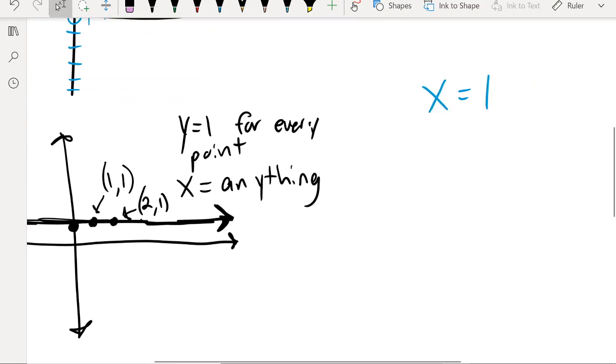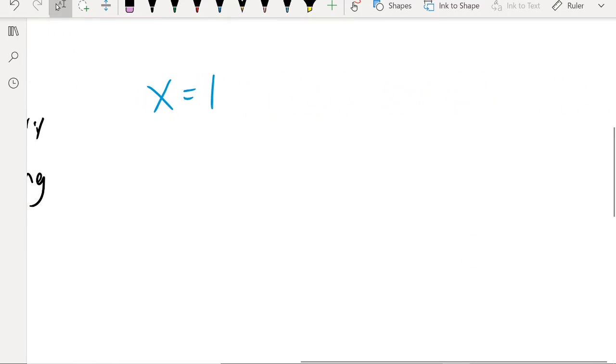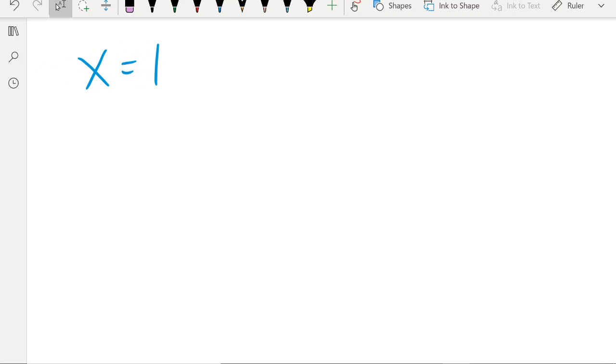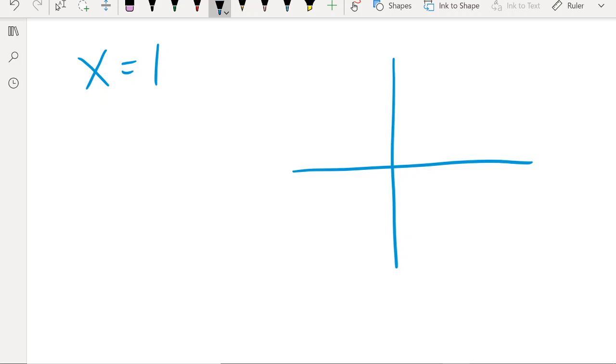But if we had just started with x equals 1, and I said graph this, you might not know what to do, right? You might feel like the little face that's created when you turn your head sideways. If you turn your head to the left, you can actually see that you have a meh face right here. Meh face, okay? And that's the face you're going to be making if you don't know how to do this.